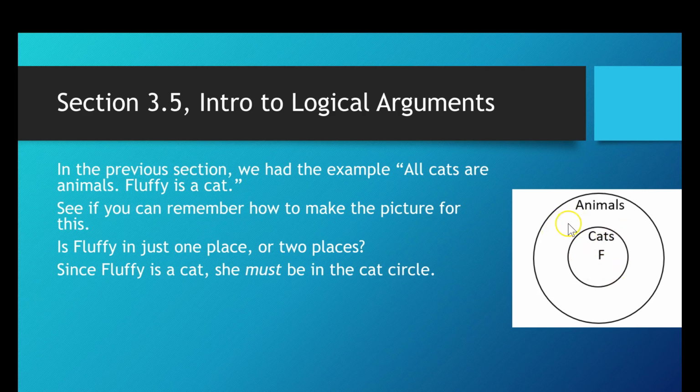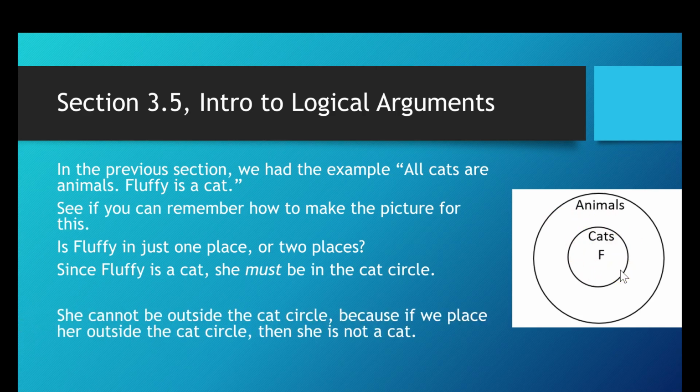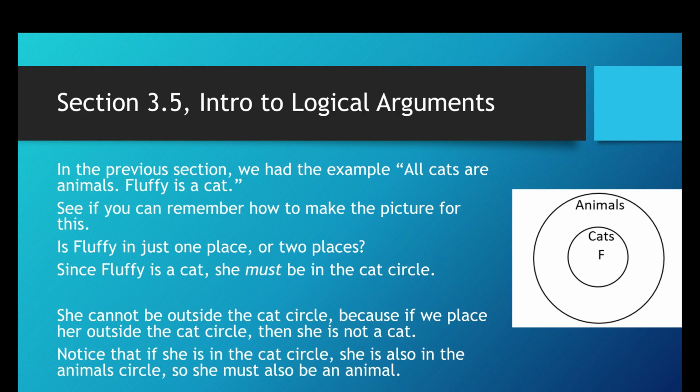If we put Fluffy out here, that would not be inside the cat's circle. So she can't be outside the cat's circle. Then she would not be a cat, right? Okay, so notice that if she's in the cat circle, she's also automatically inside the animal circle, so that means she must also be an animal.